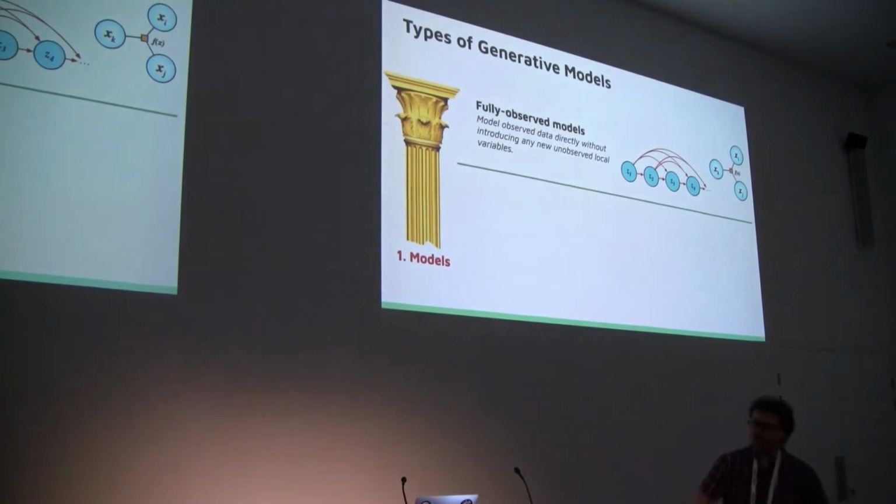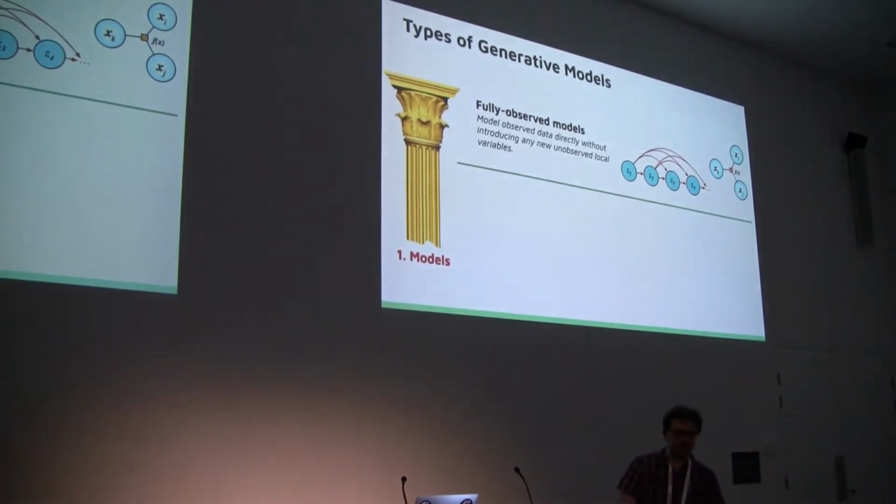So there is a vast family of generative models, but we can start by categorizing them in mainly two types. One that we call fully observed models, which are models where every random variable in it is known.